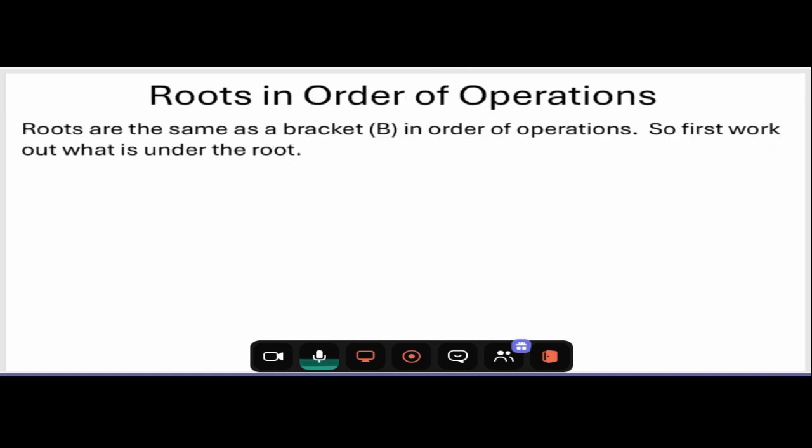Okay, so when you have a square root, it is the same thing as a bracket in terms of order of operations. In other words, BEDMAS, brackets are first. You got to work out whatever's inside that root first.